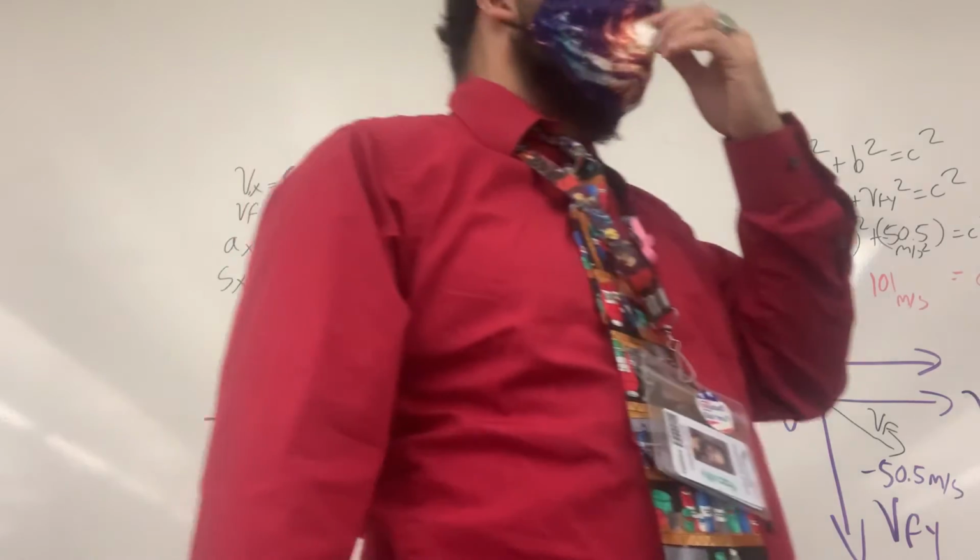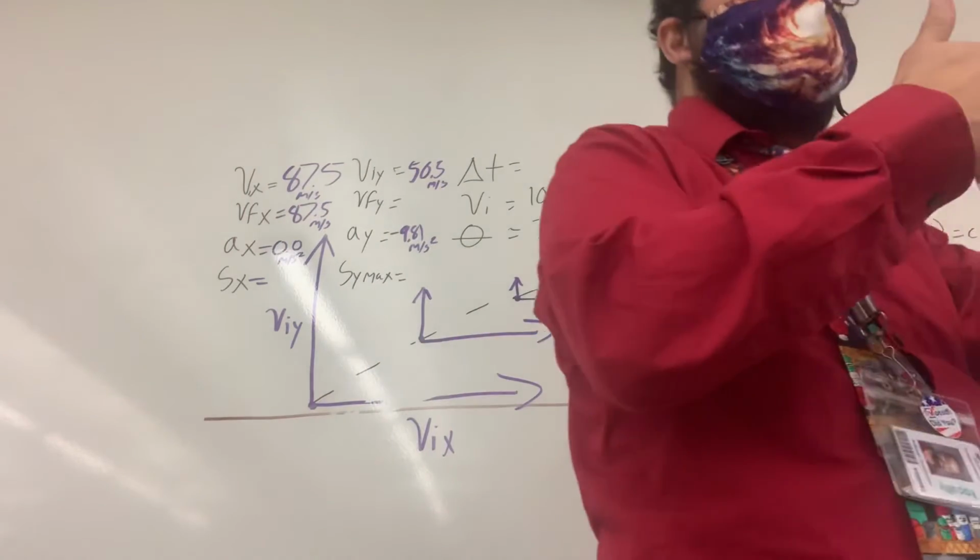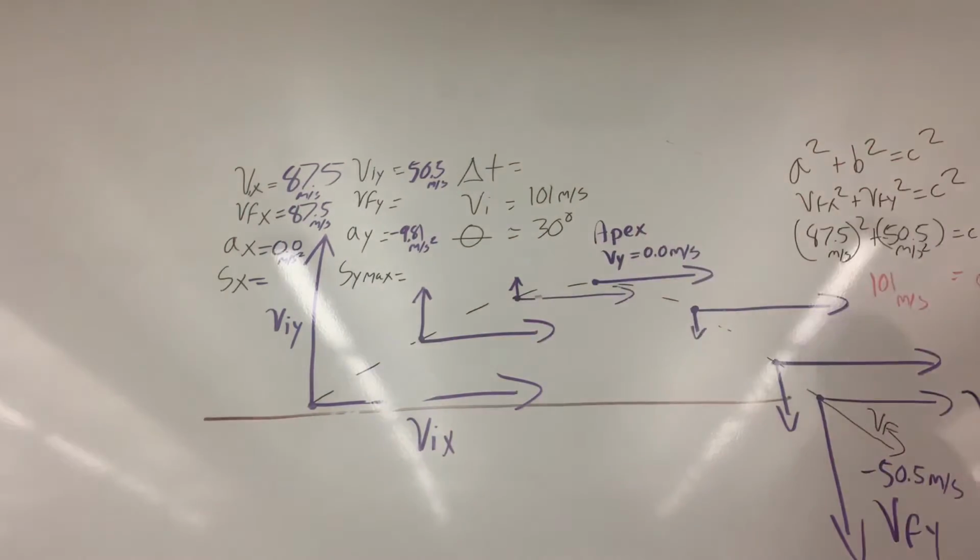Gravity acts exactly the same going up as going down. So if you're ever asked for the impact velocity of these questions, do you have to do the work? No. Your impact velocity is always the same as your initial velocity, assuming there's no air resistance, which for our sake we will.